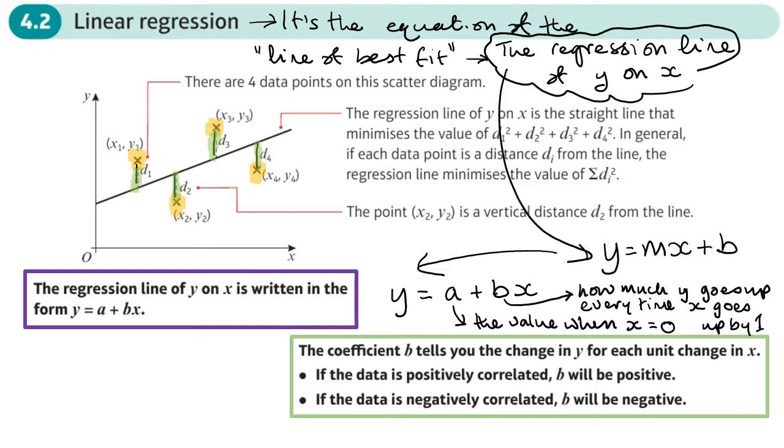Now, because it's the equation of this line of best fit, if this value here is positive, it means we have a positive correlation. So if b is greater than 0, we have a positive correlation. And if b is less than 0, it means we have a negative correlation.